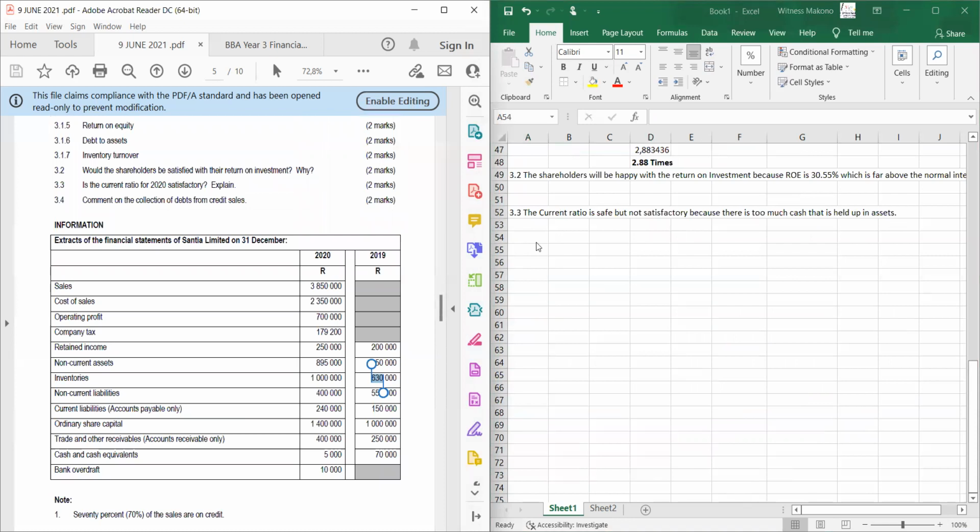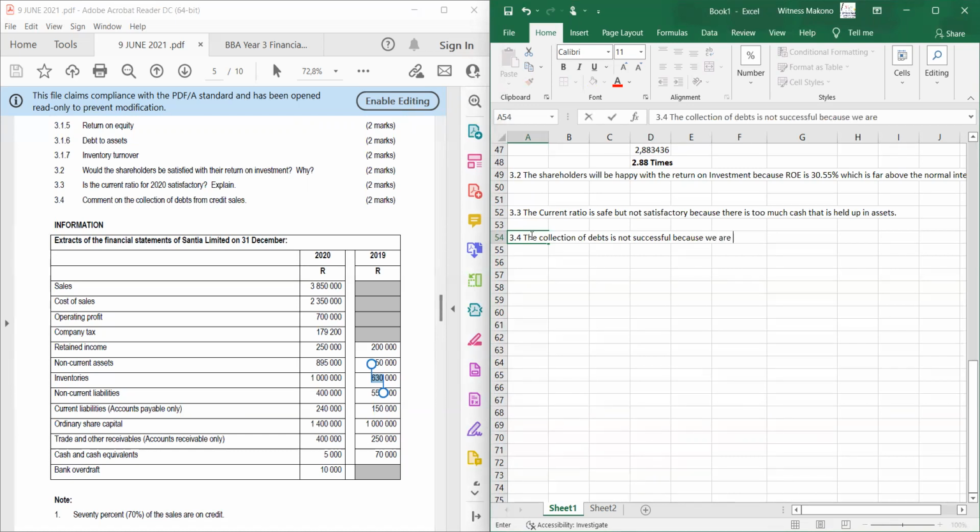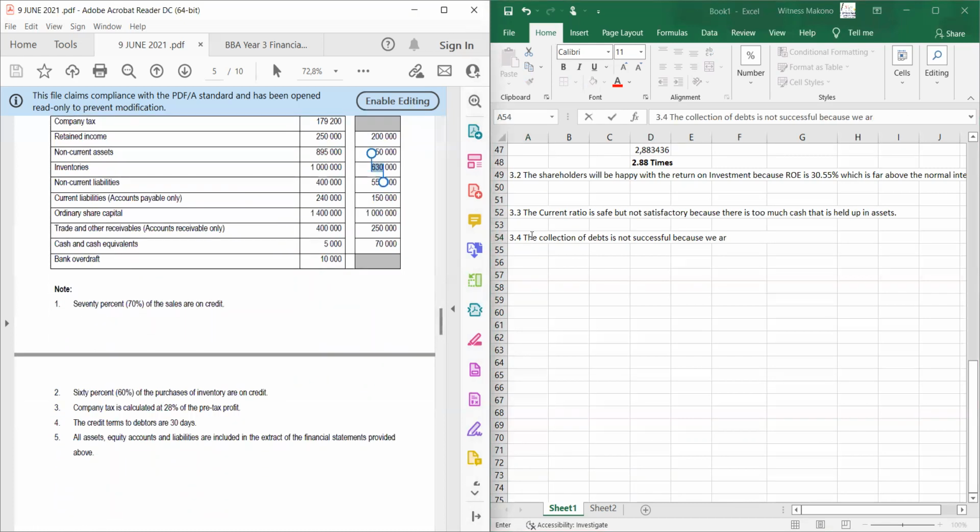Then it says to comment on the collection of debts from credit sales. I think I commented on this one when I told you that the collection of debts is not good. The collection of debts is not successful. If you check here, we are given the credit terms of 30 days.